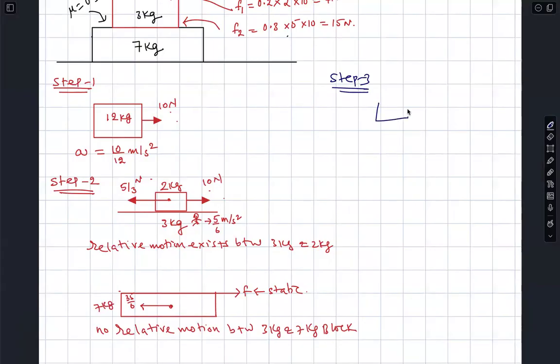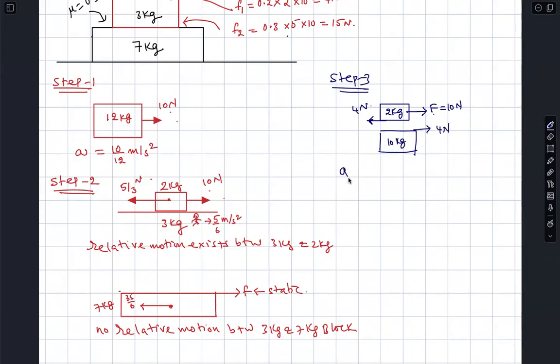Now draw the 2 kg block clearly. Now here is your 2 kg block. The force acting here is 10 newtons. The opposition here is 4 newtons. Since there is no relative motion between 3 kg and 7 kg, I'll take the rest of the system as a 10 kg block system. And the force on this system is 4 newtons.